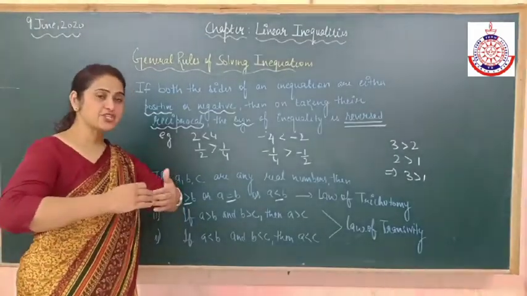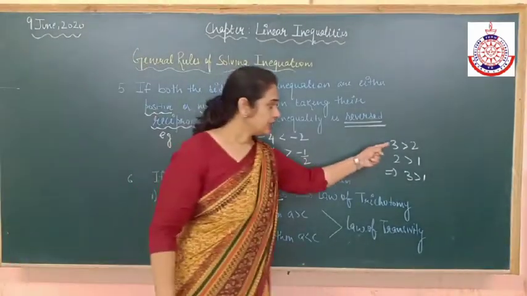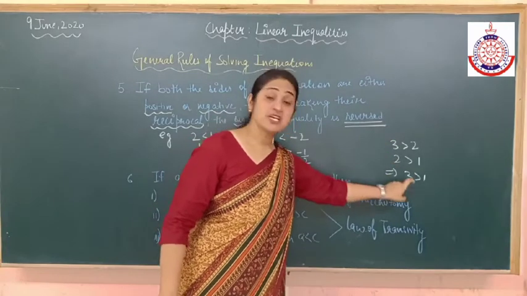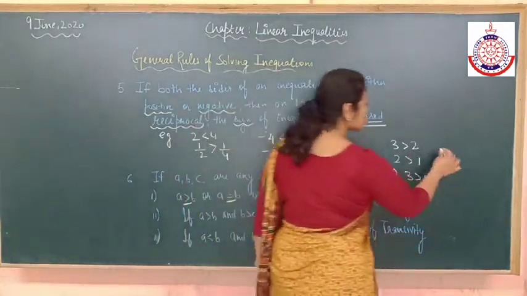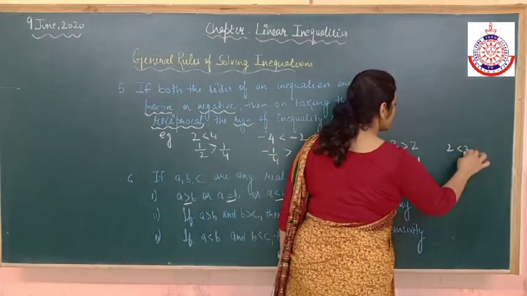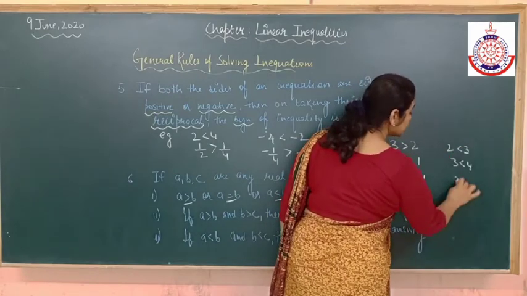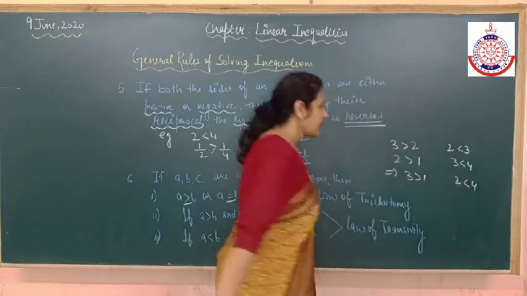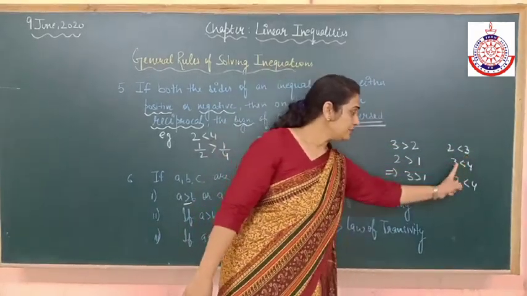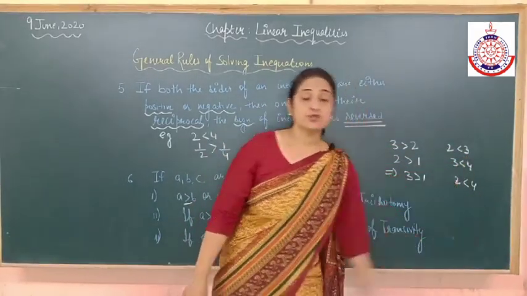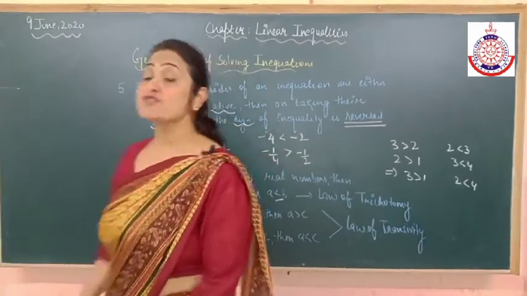That means it has been transferred from one to the other. Or take some other example: if 2 is less than 3 and 3 is less than 4, it means 2 is less than 4. A is less than B, B is less than C, so definitely A is also less than C. This is called the law of transitivity.